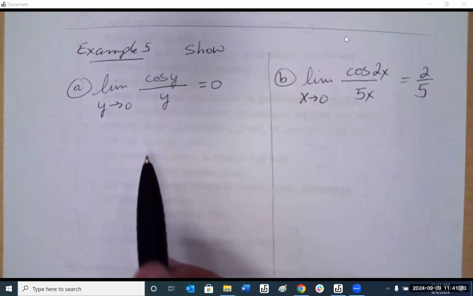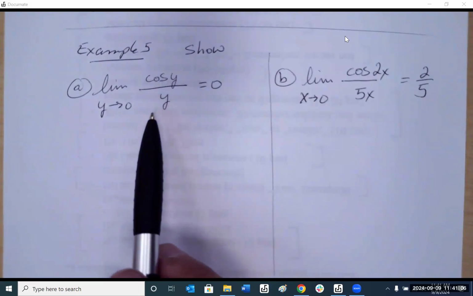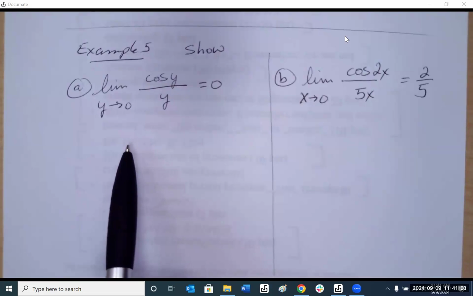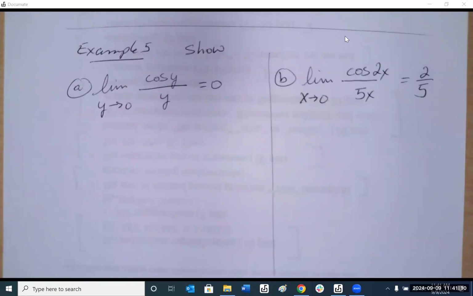And you can't say, well, since sine y over y is 1, then cosine is the opposite, is 0. No, you can't do that. So in this one, we have to use trigonometric identities.